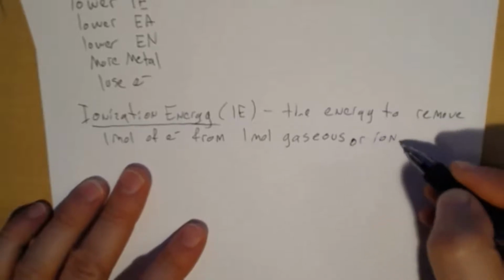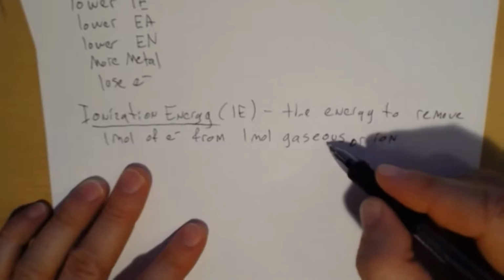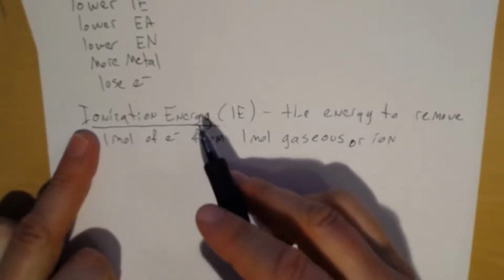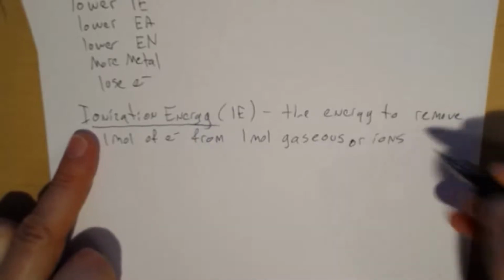So I heat an element up till it's a gas, and then I calculate how much energy does it take to pluck 1 electron off each atom. So we'll look at that.